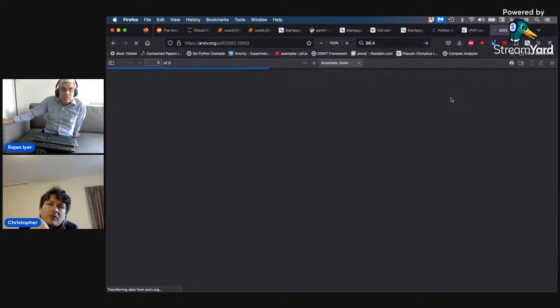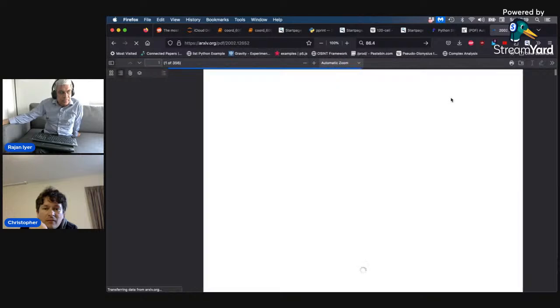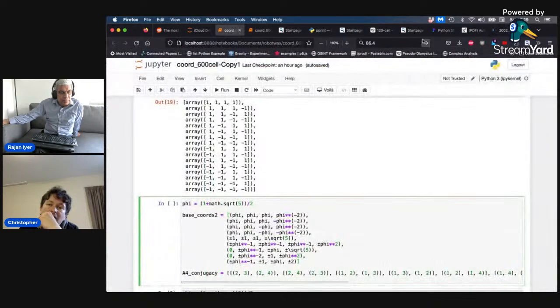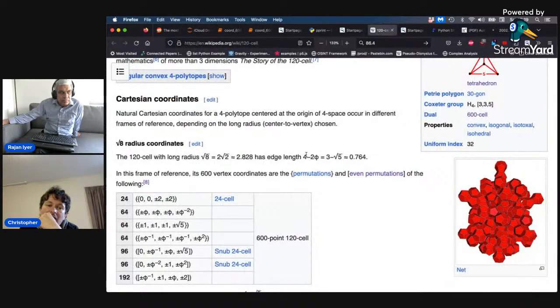Well, the point I'm trying to make here, and maybe I can make it in a kind of elliptical way that will make it a bit more clear, is that here I am trying to figure out the coordinates for the 120 cell.